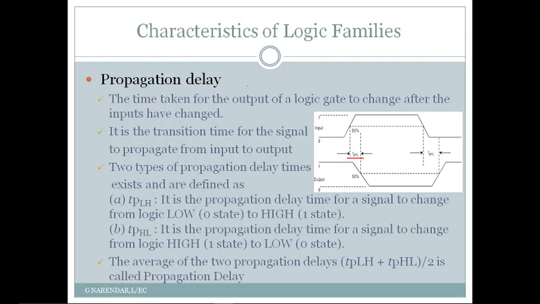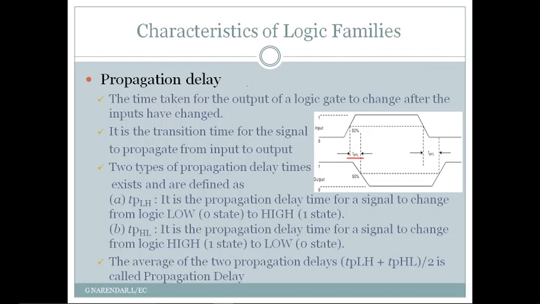So if the propagation delay is large, that means there is a large delay, then what is the meaning of that? That means the logic gate is slower, it is operating slower. So if the propagation delay is more, we say that the logic gate is slow.